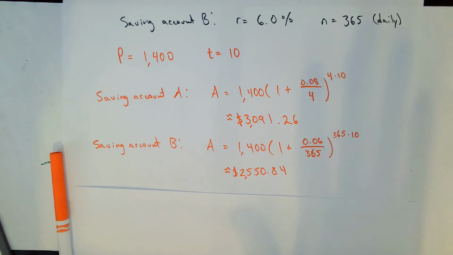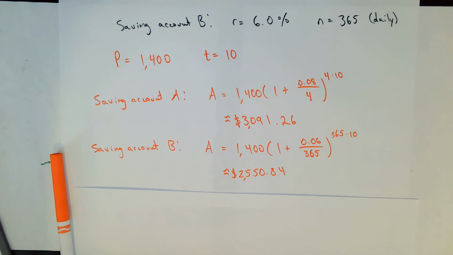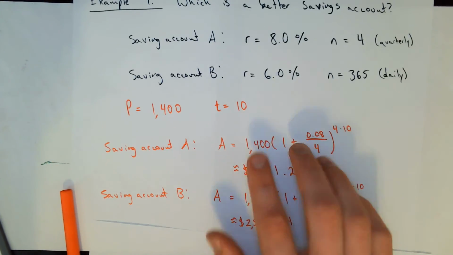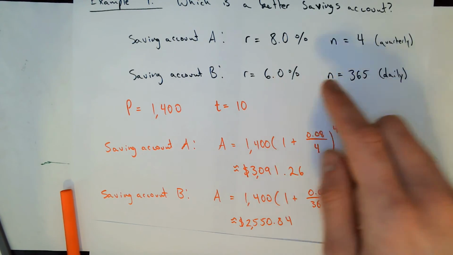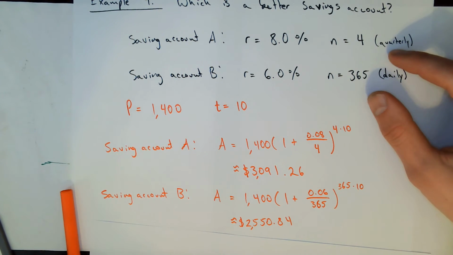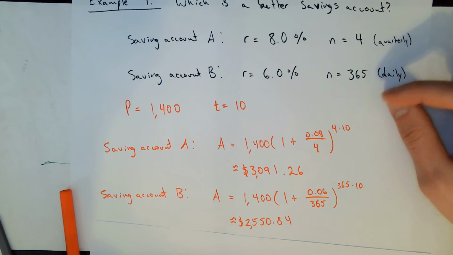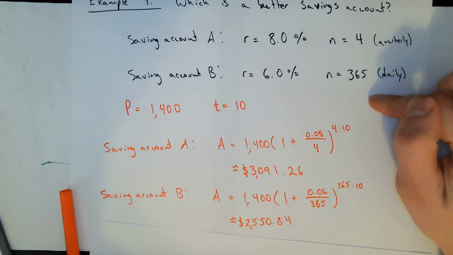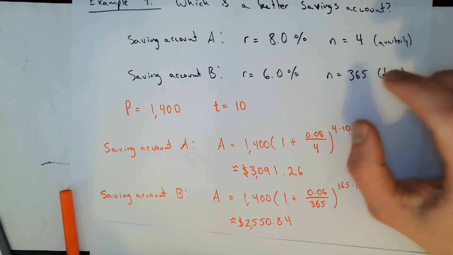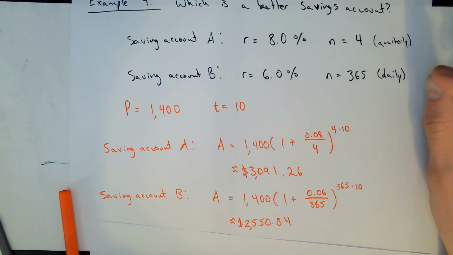But just based off of what I know about how the math works, my rule of thumb, or advice, would be to weigh the interest rate much more heavily than the number of compoundings. Because the more compoundings the better, right? If the interest rate's the same, more compoundings is better. But it doesn't make up nearly as much of a difference as a small change in interest rate can.